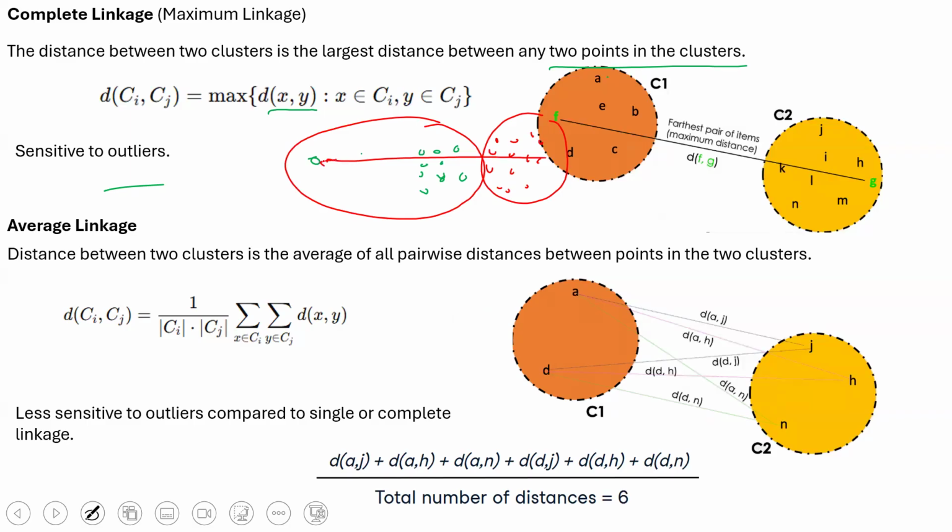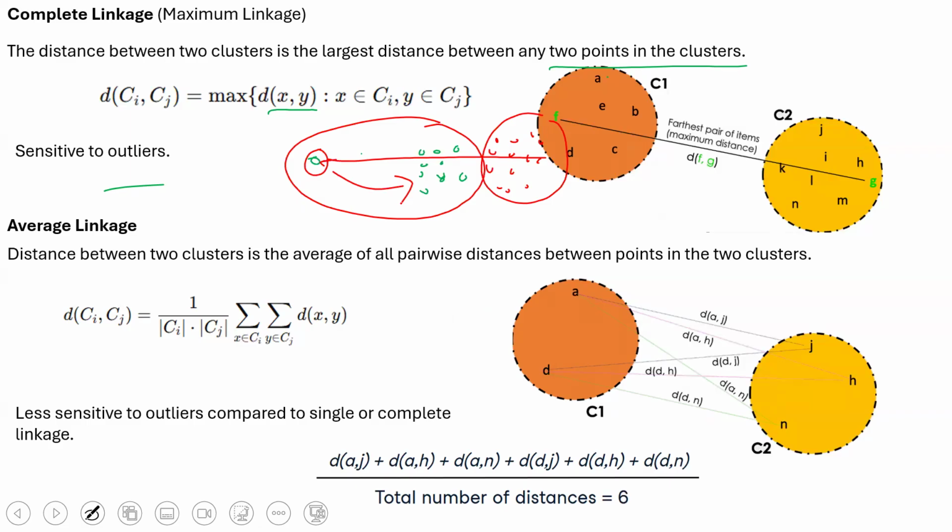This is an outlier which is considered part of this cluster. So when you take complete linkage, it actually affects the distance between the clusters. So complete linkage is also sensitive to outliers. Single linkage is the smallest distance between points in different clusters.